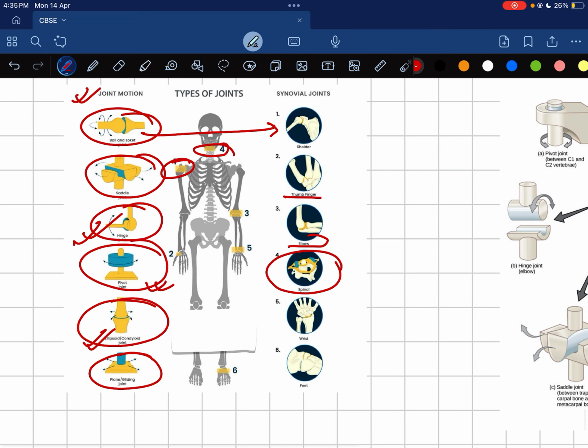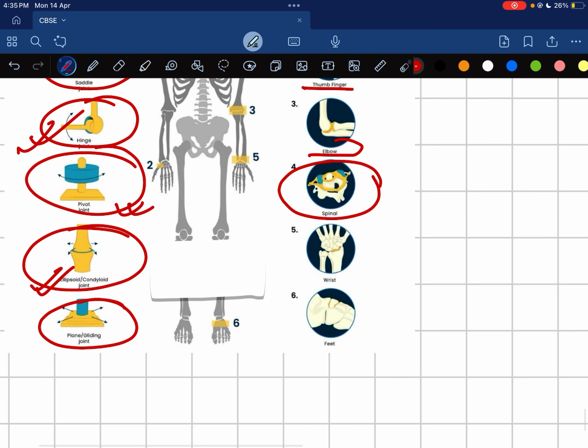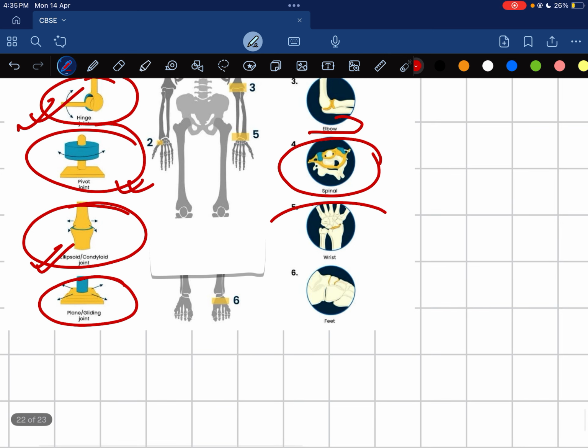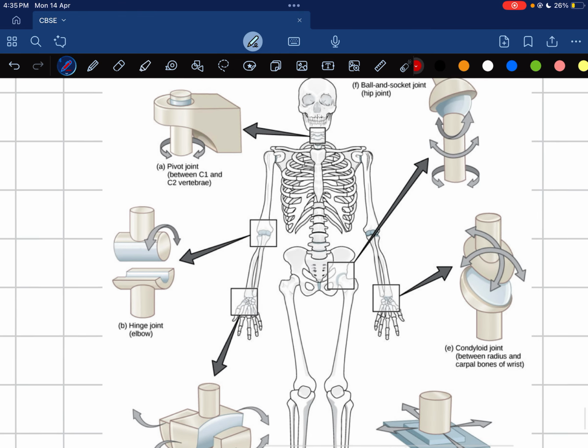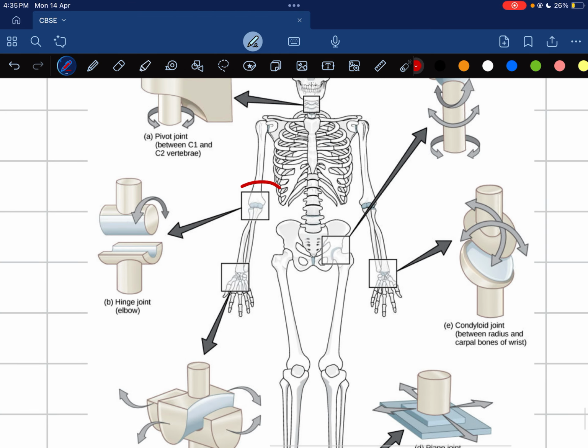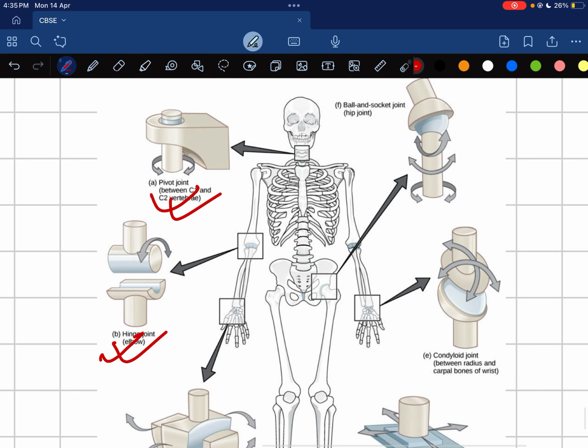In the spine there is the pivot joint, the ellipsoid joint in the wrist, and the plane joint in the feet. Also in this image, the elbow joint is a hinge joint, the pivot joint is in the first and second cervical vertebra, and there is the ball and socket joint in the hip joint.